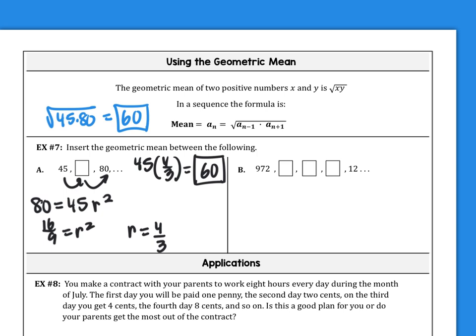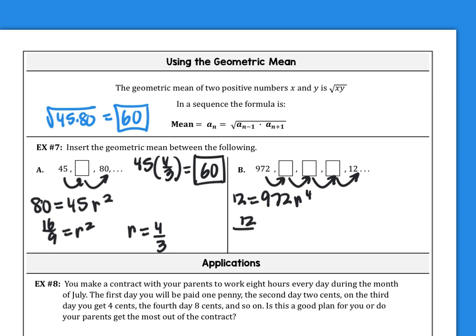Okay, notice on part B, it's a little bit more of a challenge here because there's more spots. But if we have 1, 2, 3, 4 steps here, I know 12 is found by taking the 972 times r 4 times, right? Because there's 4 steps.